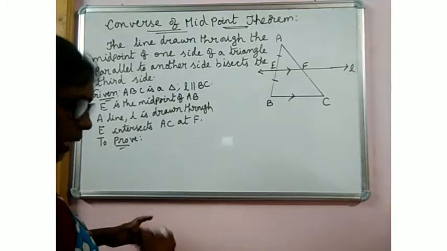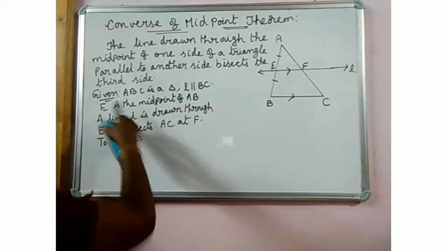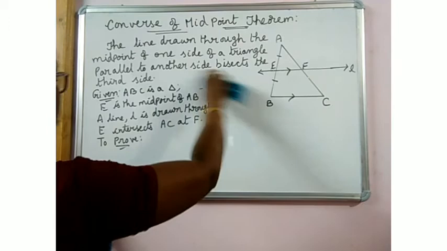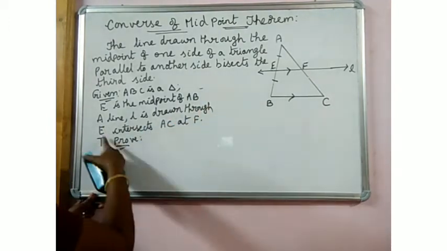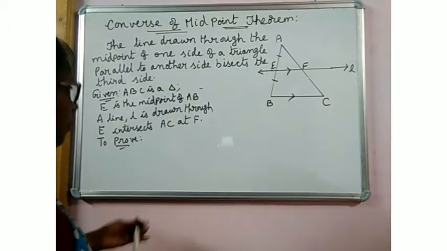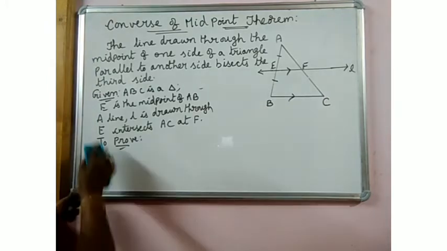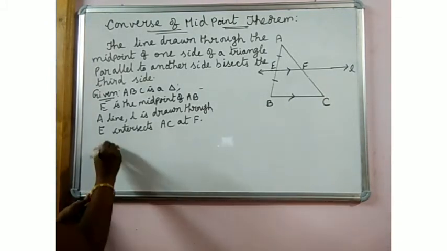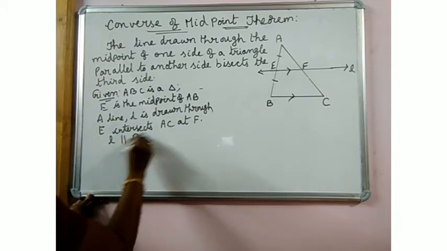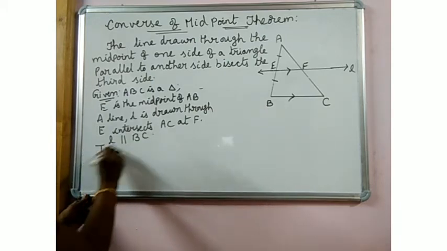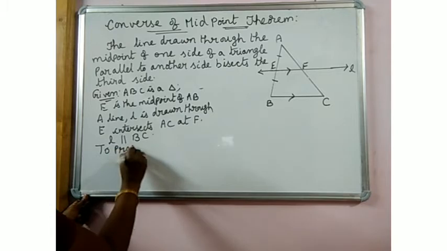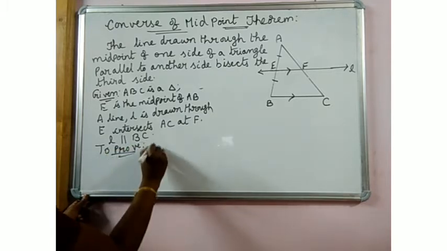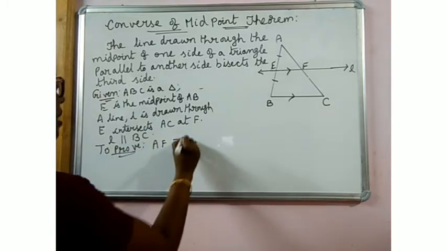Actually that can be written here. E is the midpoint of AB. Line L is drawn through E, intersects AC at F. And you write here L is parallel to BC. And what you have to prove is AF is equal to FC.